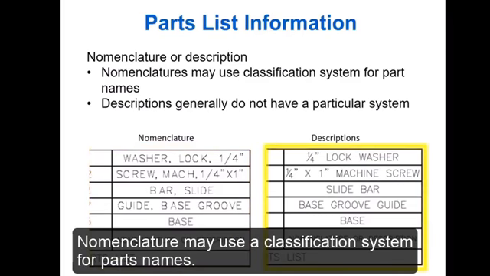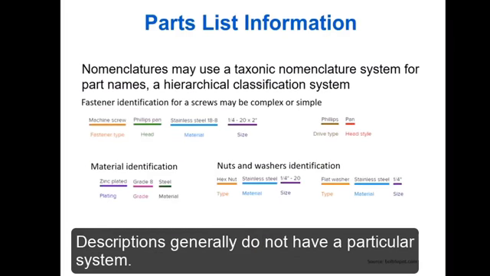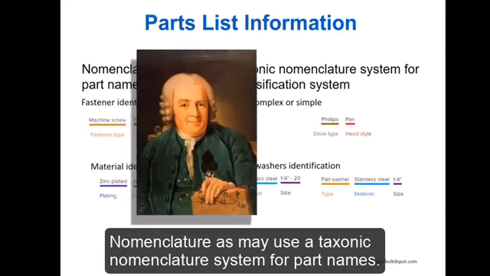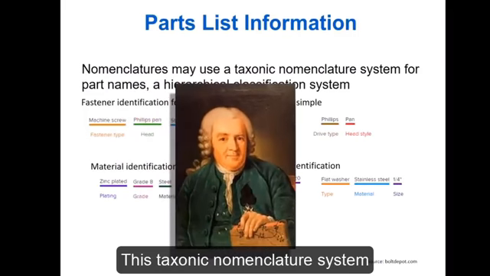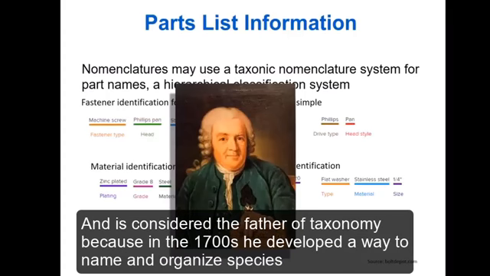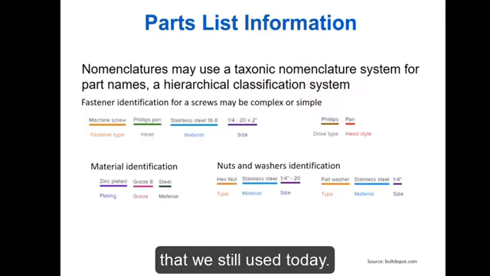Nomenclatures may use a taxonomic nomenclature system for part names. Descriptions generally do not have a particular system. This taxonomic nomenclature system was influenced by the Swedish naturalist Carolus Linnaeus, who is considered the father of taxonomy because in the 1700s he developed a way to name and organize species that we still use today.